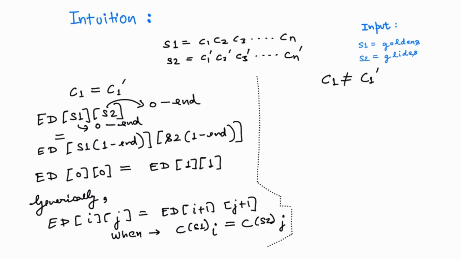According to the problem, there are only 3 things that we can do on the string 1. We could delete the character, we could insert a character, and we could replace a character. Now let's see these cases one by one and see how our solution unfolds in these 3 cases.